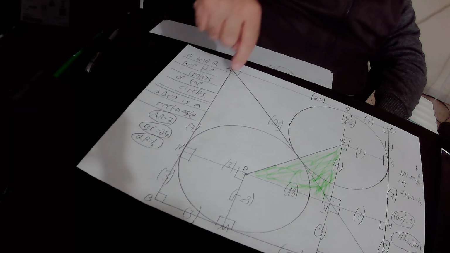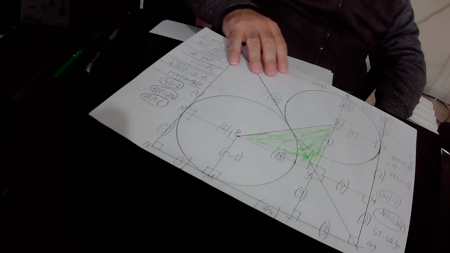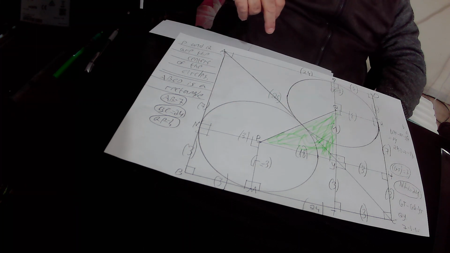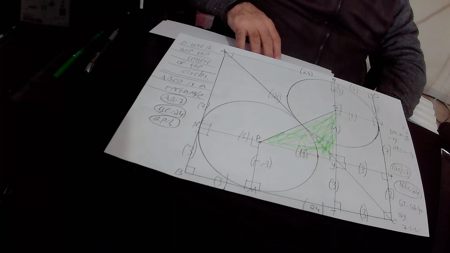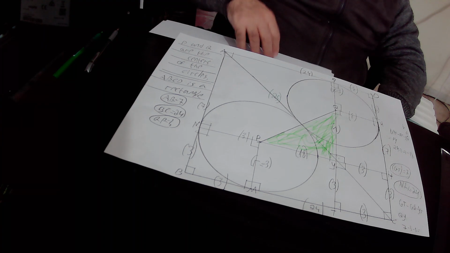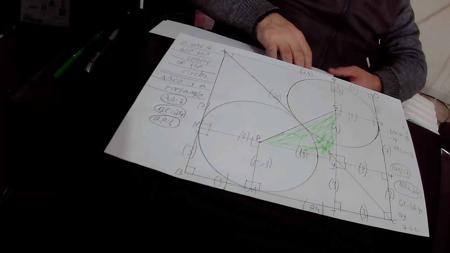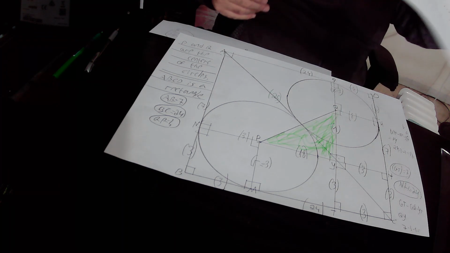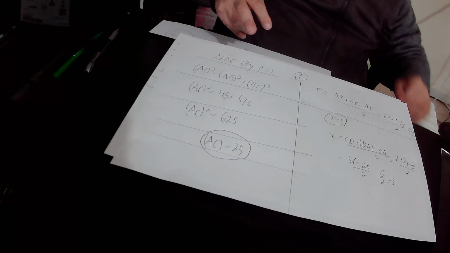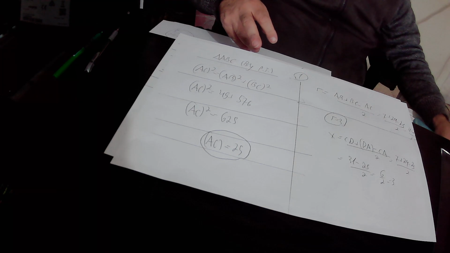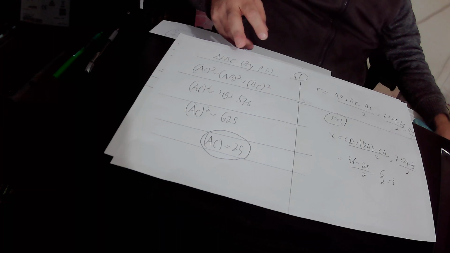Then we focused on the right triangle ABC and applied the Pythagoras theorem. According to the Pythagoras theorem, in this right triangle ABC, AC squared equals AB squared plus BC squared.